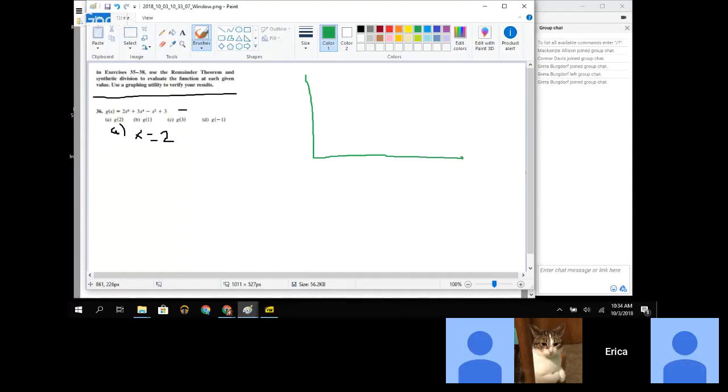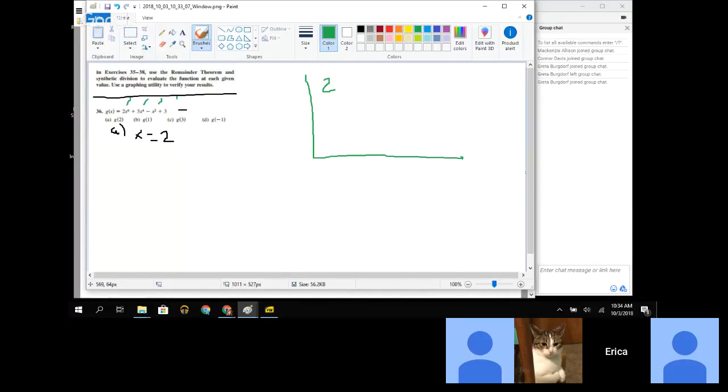Okay, so the way that we do it is the same way that we just did with the synthetic division. We're going to take the coefficients and list them across the top. So the coefficient for x to the 6th power is 2, right?